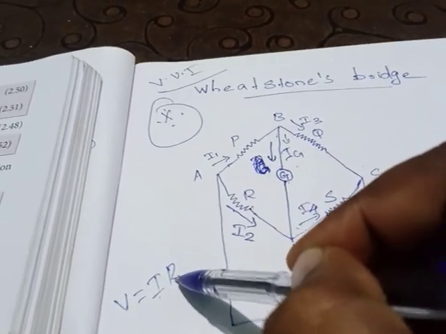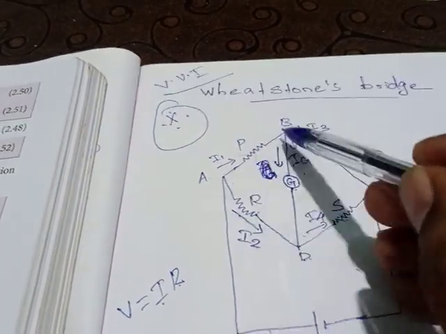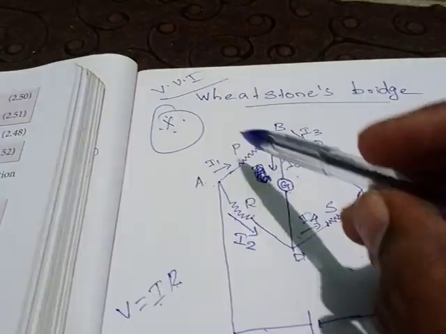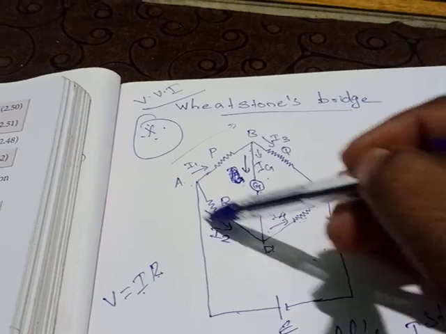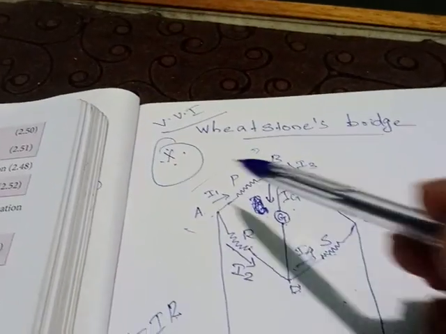So current into resistance. A, B, D, A: this direction, then this direction. This is a loop.